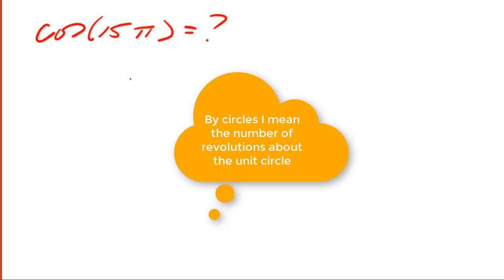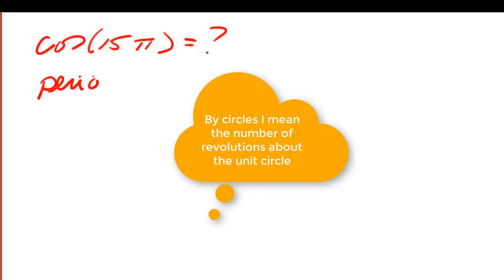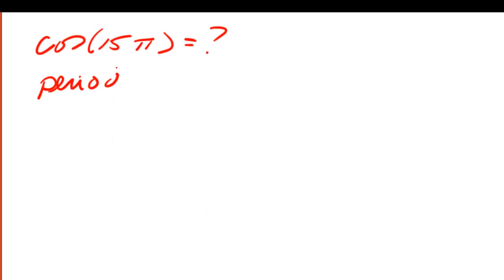So here's what I'm going to do. First of all, I'm going to state what the period of cosine is, and the period of cosine is 2 pi. So we're going to play this little game. Really what I want to get to in a minute is a fraction. Really, the whole purpose is a fraction, but I want to start with a problem that doesn't include a fraction so it doesn't get too confusing.